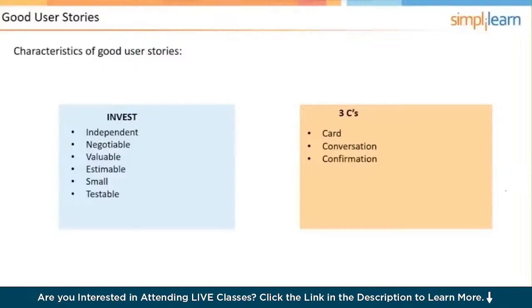And then the last one, the T, is testable. Every user story needs to be testable, and it needs to be testable at 2 levels. Remember our triangle? It needs to be testable at the intrinsic quality level, unit tests, etc., and also testable at the extrinsic level, which is the customer point of view, which is acceptance.